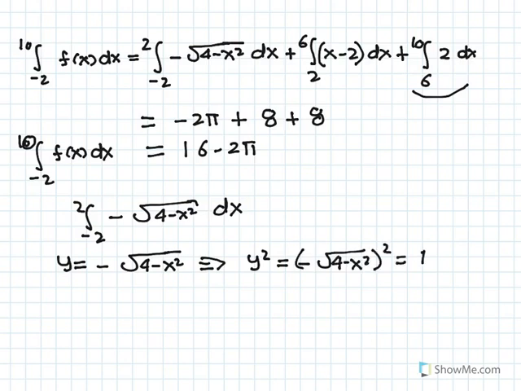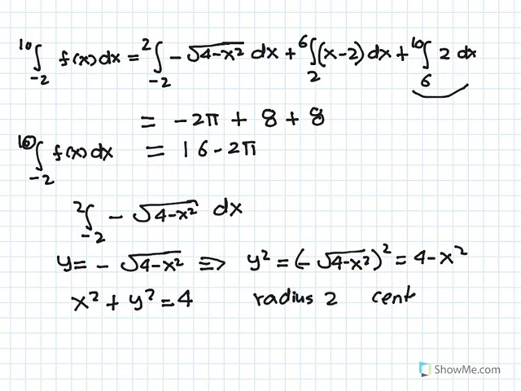That comes out to 4 minus x squared. Bring the minus x squared to the left-hand side, and you will get x squared plus y squared is equal to 4. This is a circle of radius 2. The radius is 2, and the center is 0, 0. So in fact, we're looking for the bottom half of a circle of radius 2.